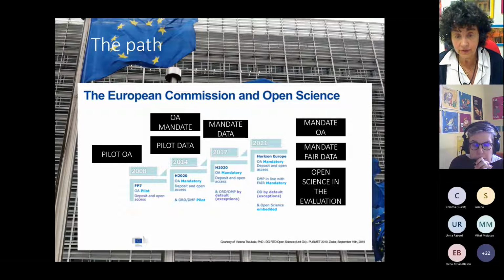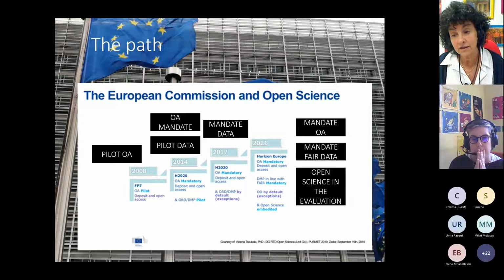Then in Horizon 2020, you have a mandate on open access to text and a pilot on data, which became a mandate in 2017. And then in Horizon Europe in 2021, you have a mandate for the publications, you have a mandate for FAIR data, and you have open science in the evaluation of the proposal, which is really the novelty compared to Horizon 2020.